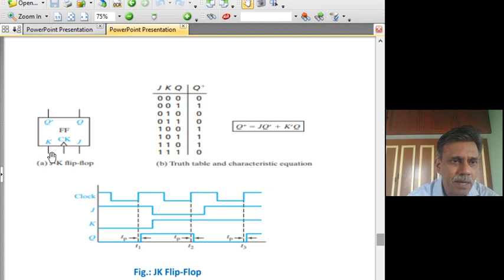So, the symbolic representation of a positive edge-triggered JK flip-flop is as follows. You have a J input, you have a K input, you have a clock input. This arrow mark indicates it's a clock input, and there is no bubble, which means it is a positive edge-triggered JK flip-flop. You have the output Q and its complemented value Q bar.